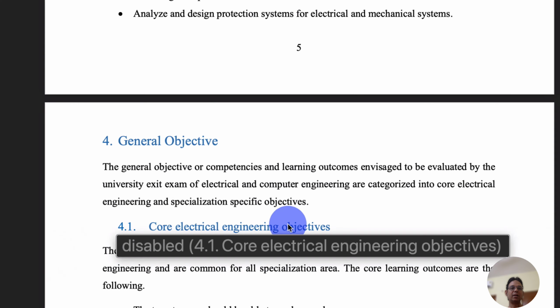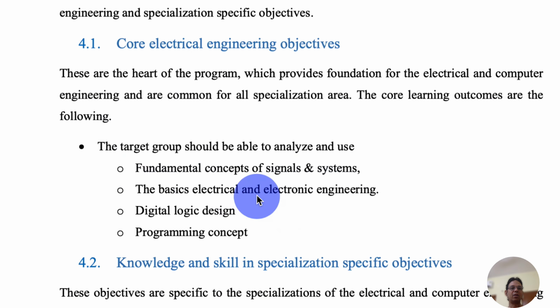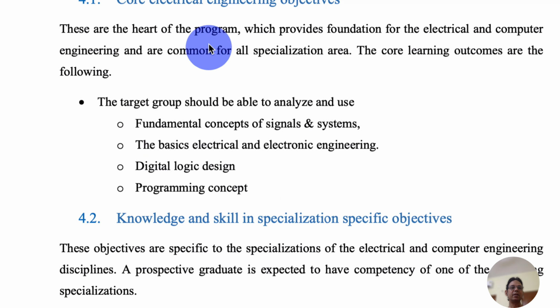Then we go to the broad objectives. Core engineering, electrical engineering objectives. So the core electrical engineering objective will highlight how many things a student can understand related to the electrical engineering course outline.